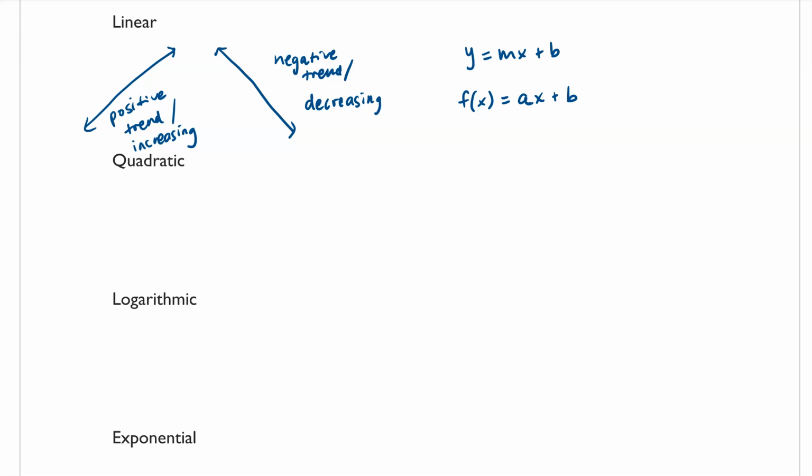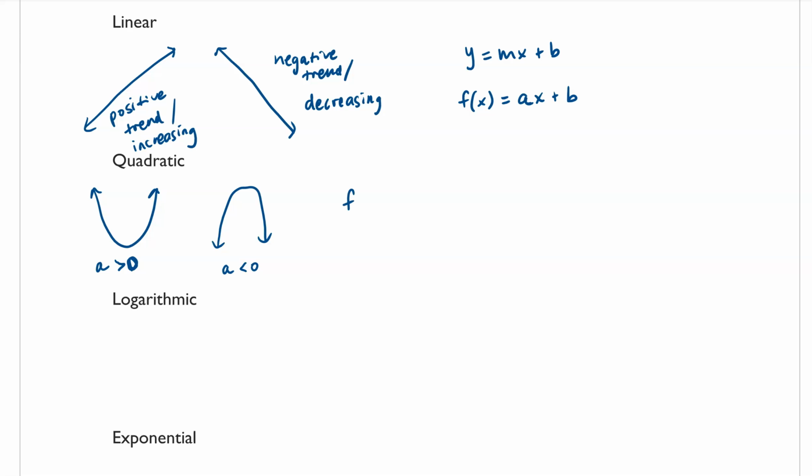Not a huge deal. And then for quadratic functions, we have one where it's facing upwards, or we have another quadratic where it's facing downwards. And recall that when it's in standard form, the upwards facing parabola is when our a value is positive, so when a is greater than 0, and then it faces downwards when a is less than 0.